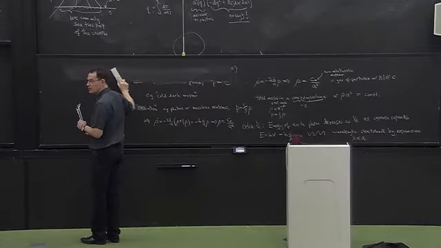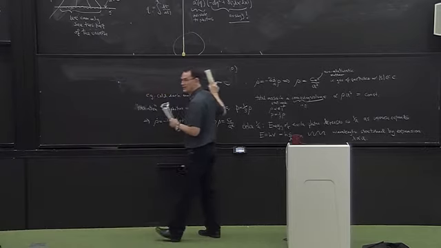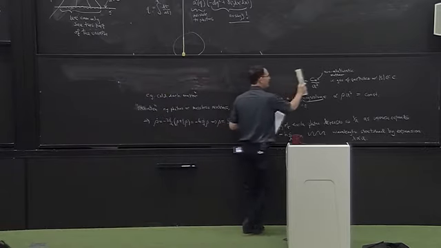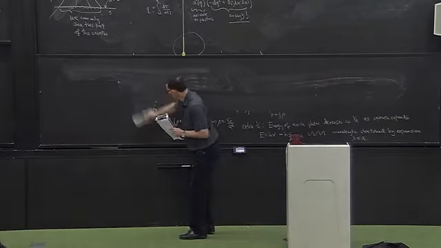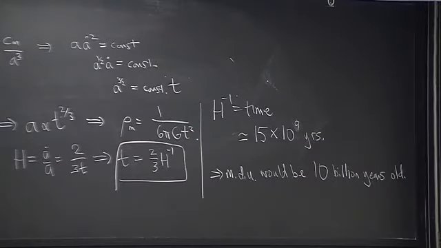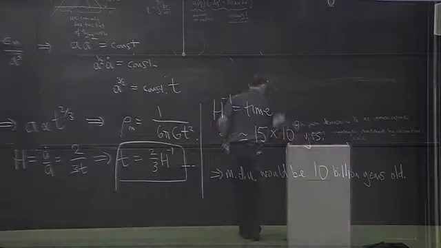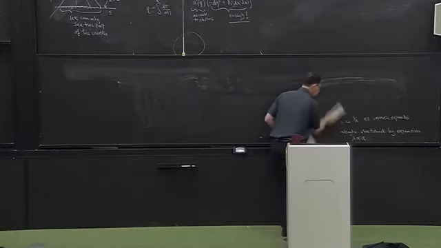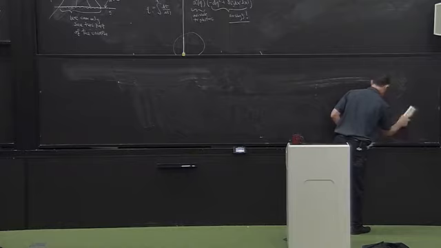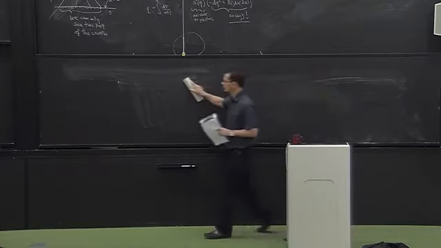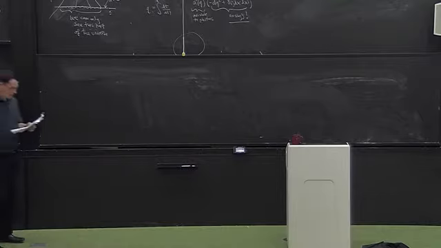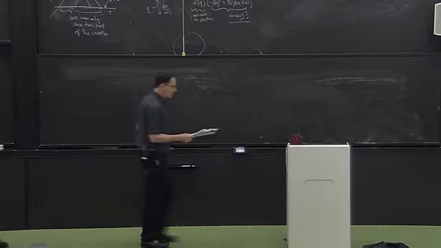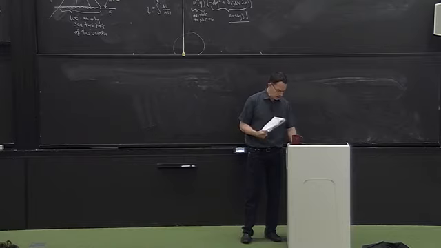Now, there are stars in the universe that are 12 billion years old. According to stellar observations and stellar evolution theory, there are stars which are older than 10 billion years. And so that immediately implies that the universe cannot just be a matter-dominated universe. But we now know that's fine because it involves dark energy.